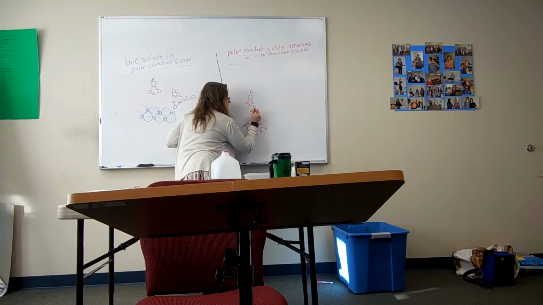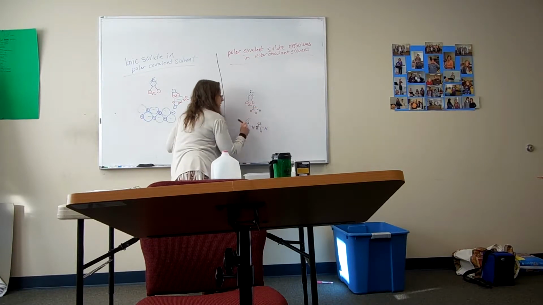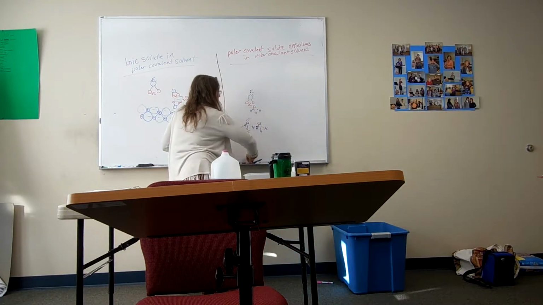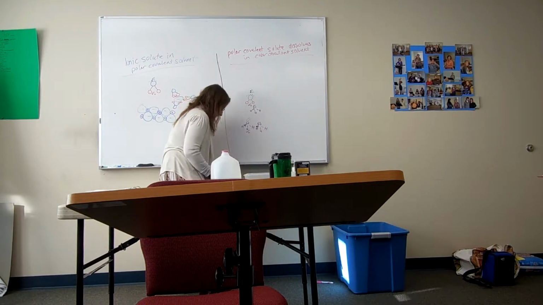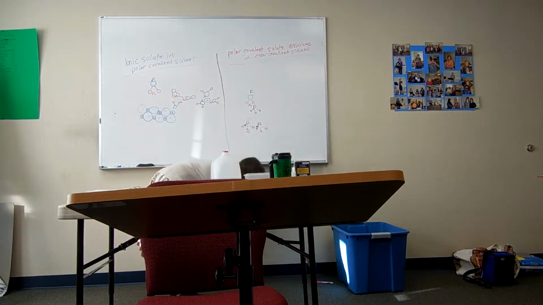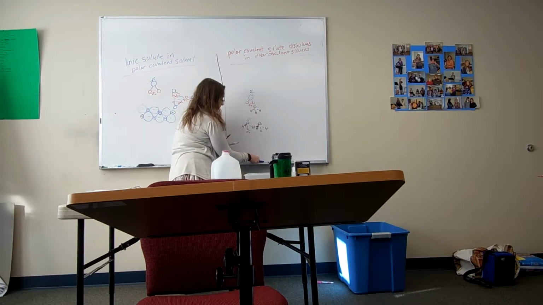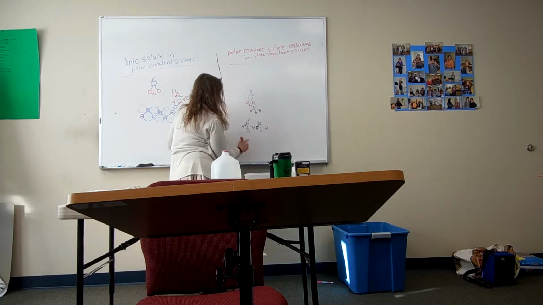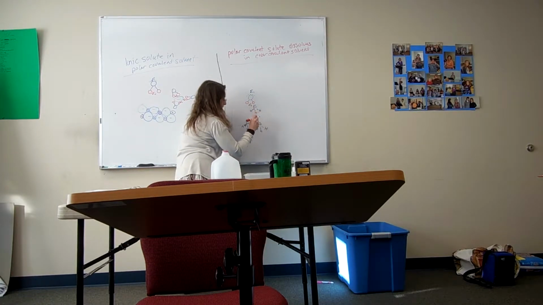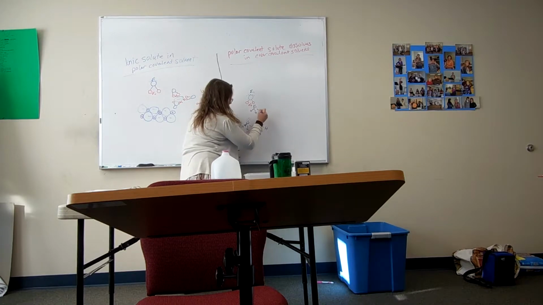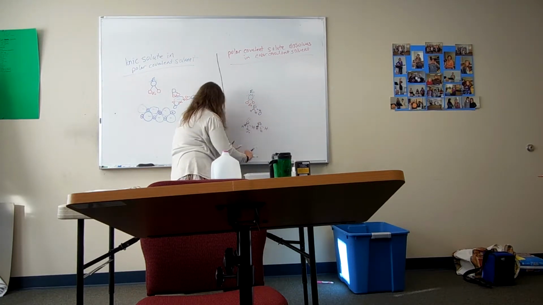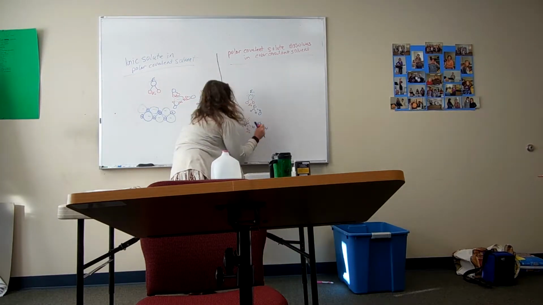And just for the sake of ease, I'm not drawing any wedges here. And then the partially negative end, of course, would be attracted to the positive end of water. The partially positive end down here by the hydrogen is going to be attracted to the partially negative end. So we'll put an oxygen there. Too many markers. Okay.